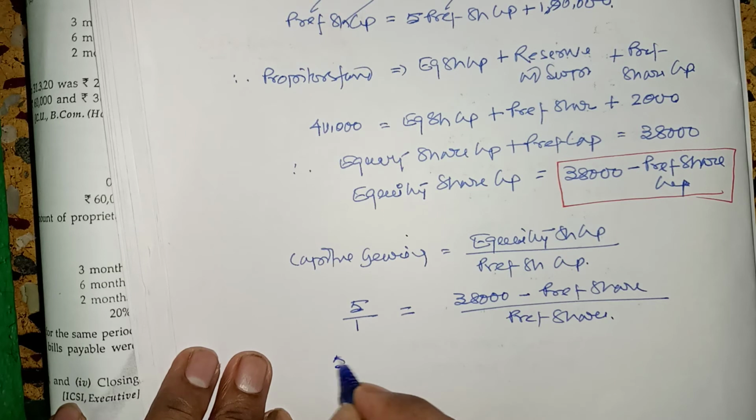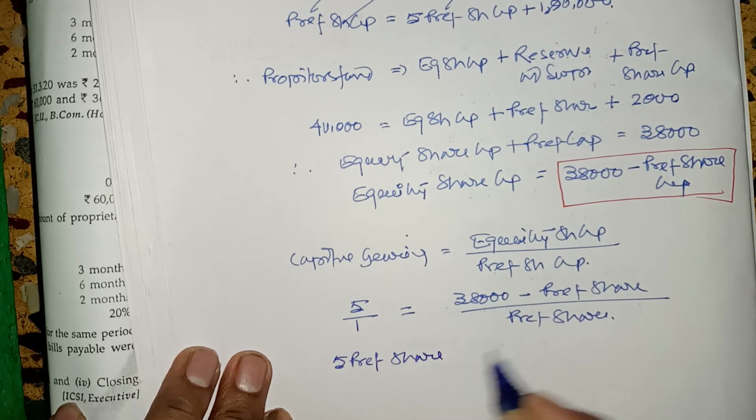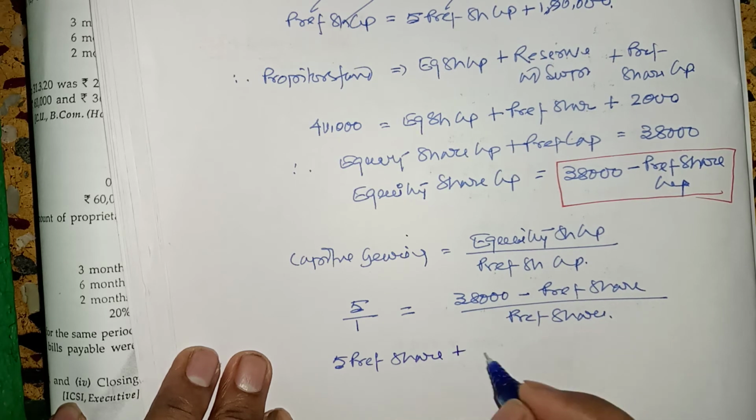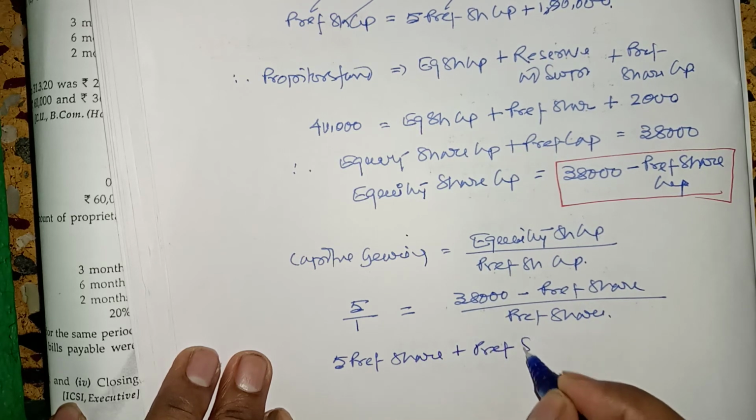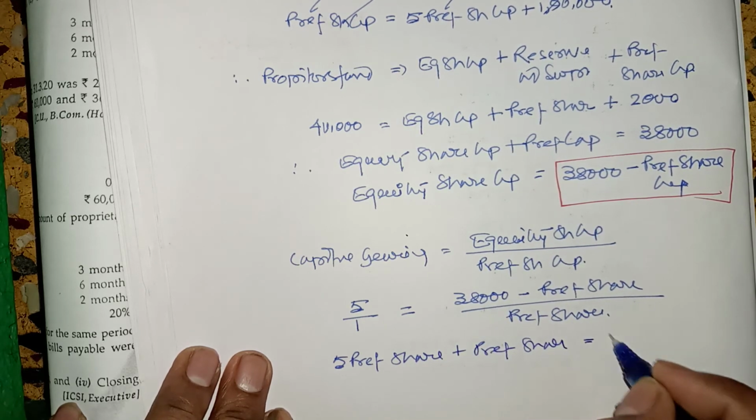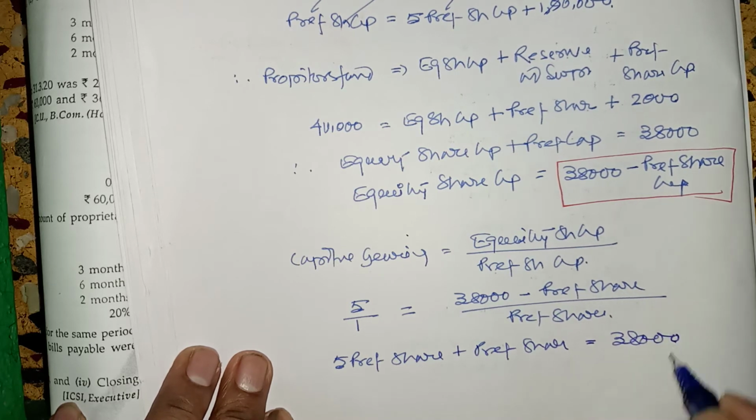So 5 preference share plus preference share is equal to 38,000.